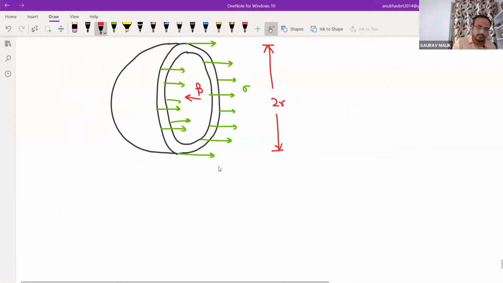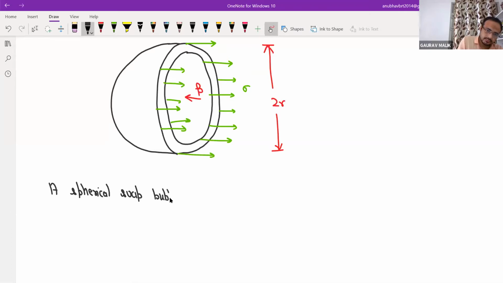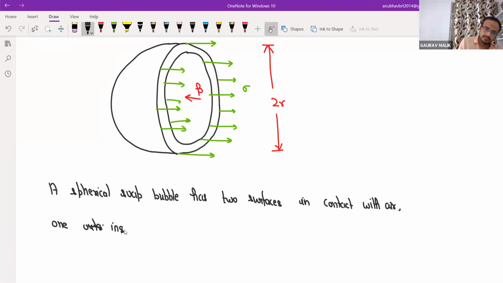That is the only difference. So write down: a spherical soap bubble has two surfaces in contact with air, one inside and the other outside.